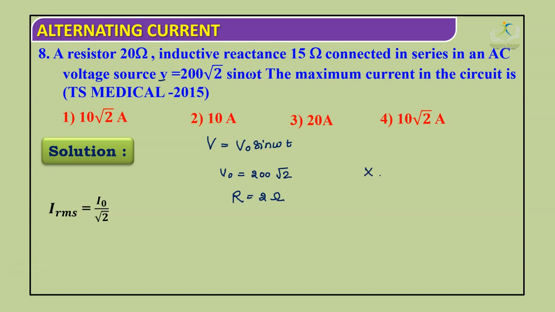Inductive reactance is given as 15 ohm. So we know that IRMS is equal to I naught by root 2, or we can say IRMS is equal to VRMS divided by root of R square plus XL minus XC whole square. So XL is equal to XC for the maximum current situation, that we know.